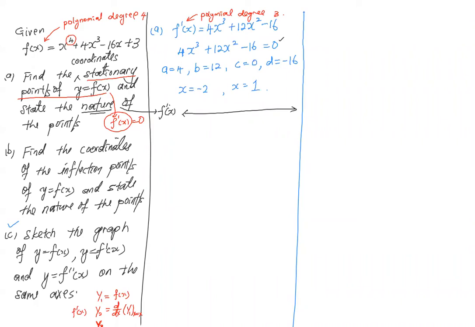Okay, what are the numbers that I must mark on this line? What number must I put down? -2. Yes.